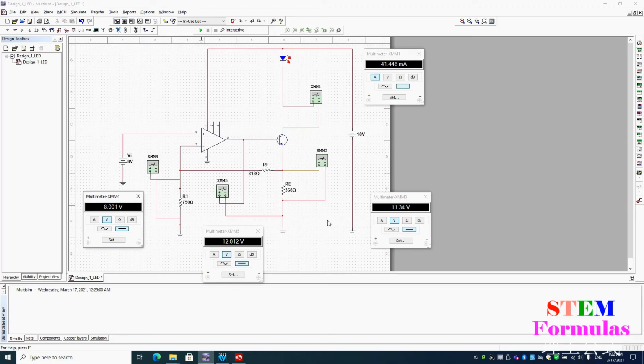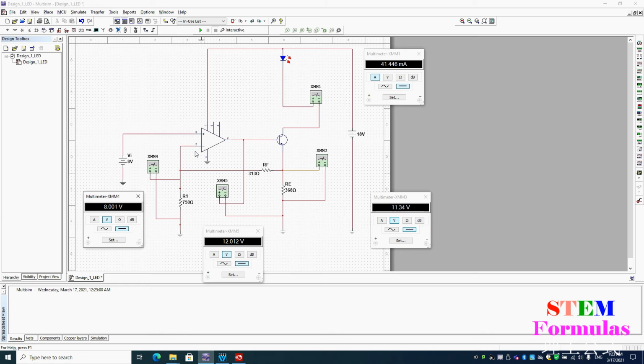Here are the Multisim results. In this simulation, we put one LED here, and R1 equals 750 ohm, RF equals 330 ohm, RE equals 368 ohm. VCC from the power supply is 18 volts. Vin equals 8 volts.